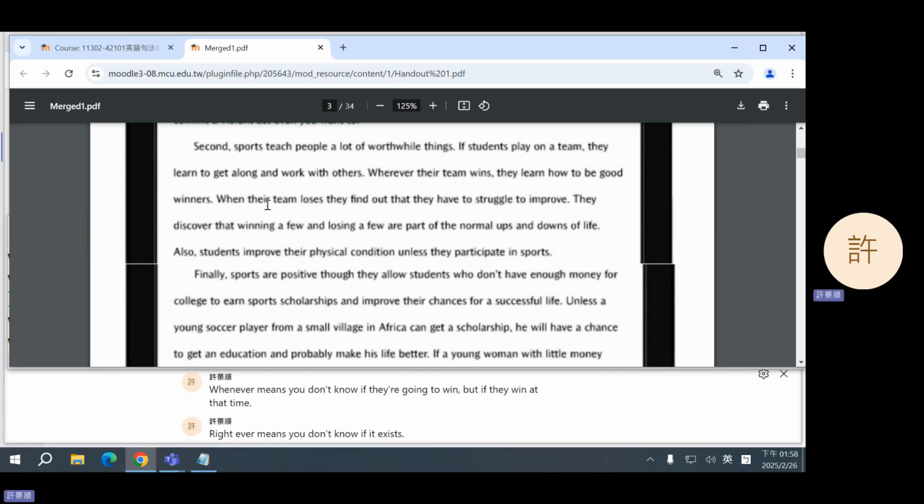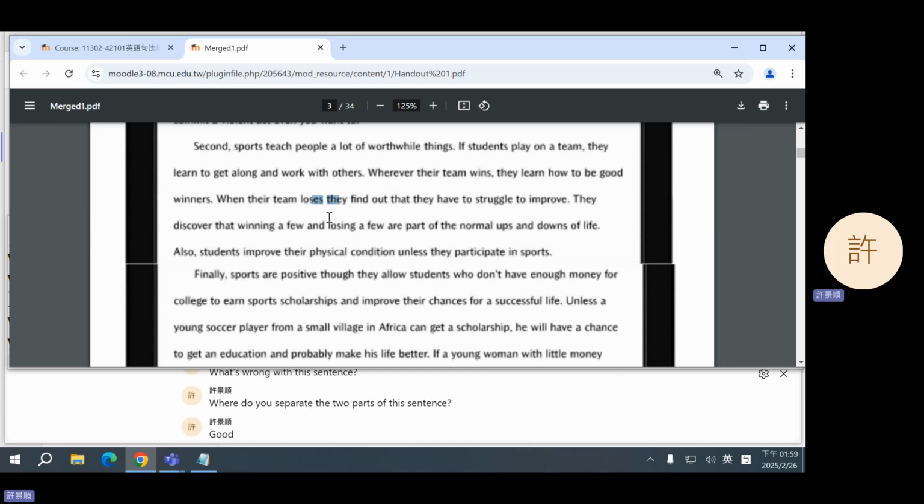Next one. When their team loses, they find out that they have to struggle to improve. What's wrong with this sentence? Weihan. Where do you separate the two parts of this sentence? Good.